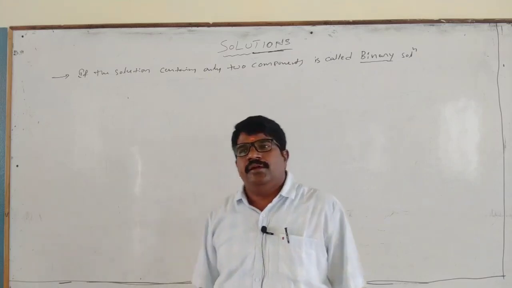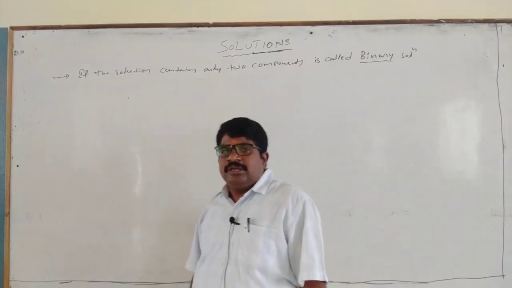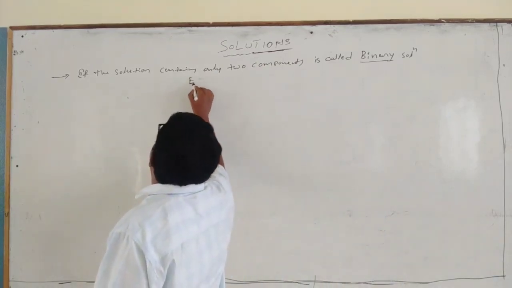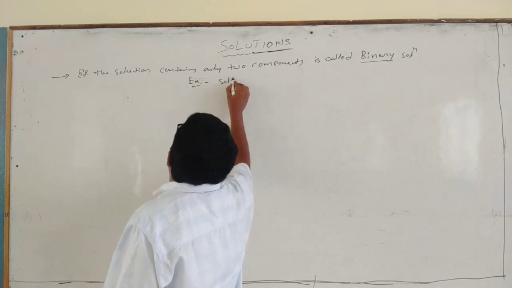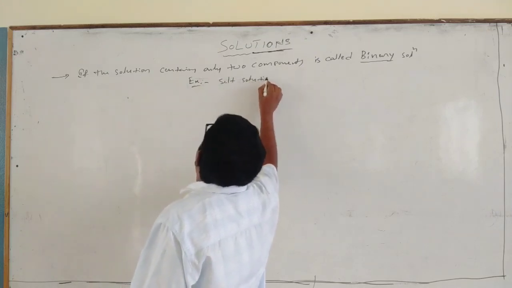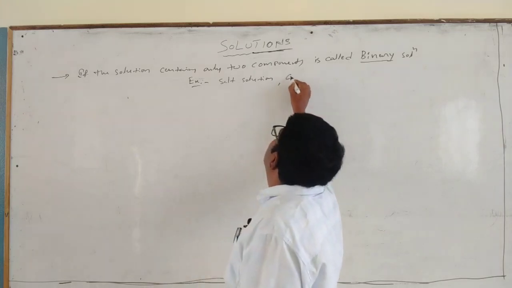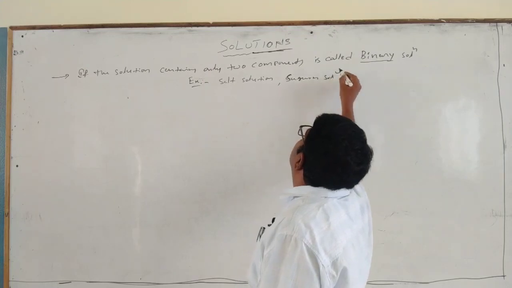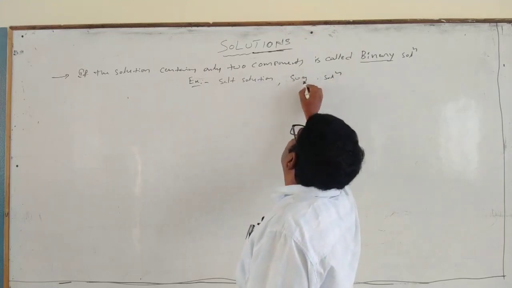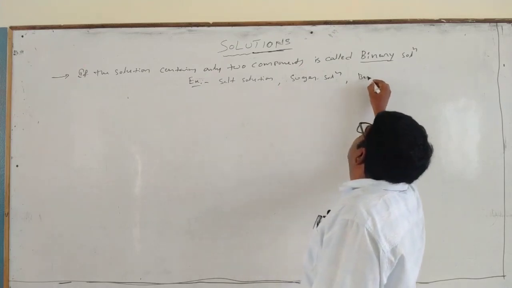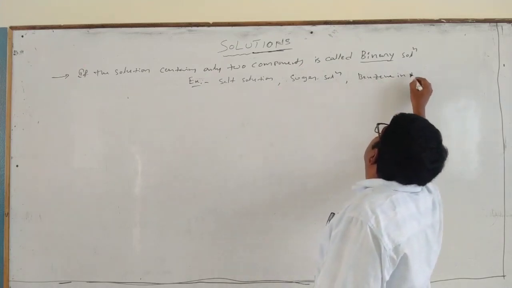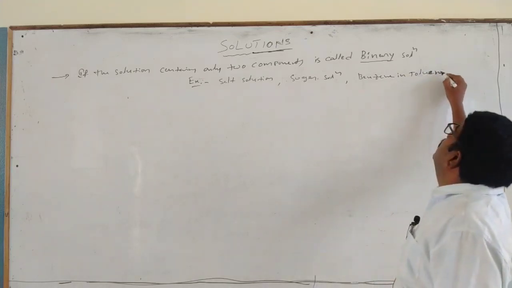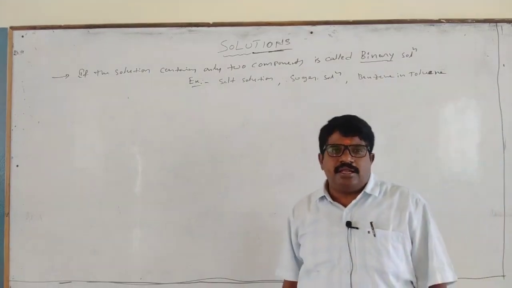Examples: salt solution, sugar solution, benzene in toluene. All these are examples of binary solutions.